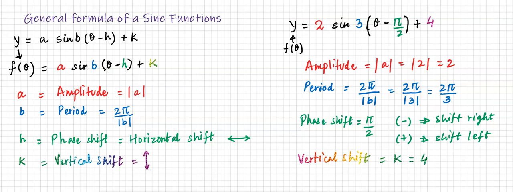So we know that the graph will move up 4 or down 4. If k is positive, we shift up, and if k is negative, we shift down.